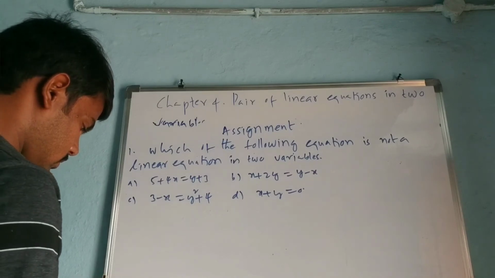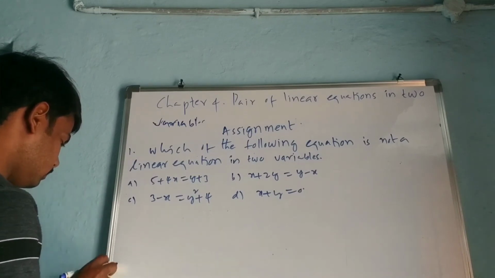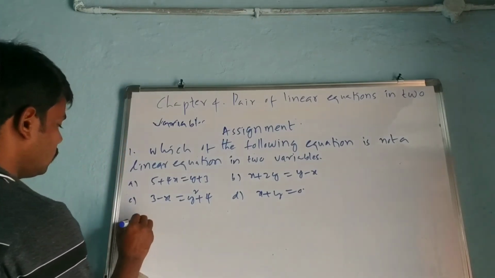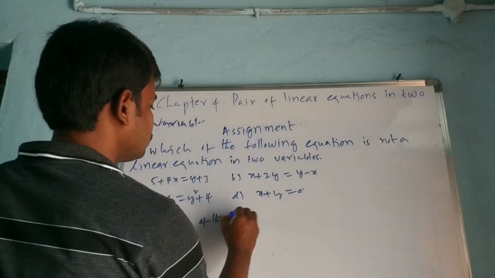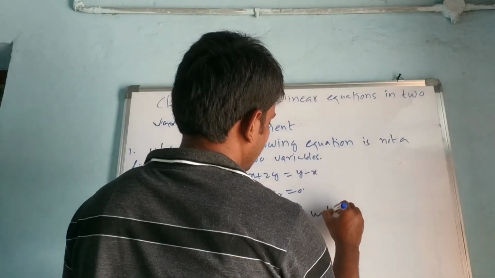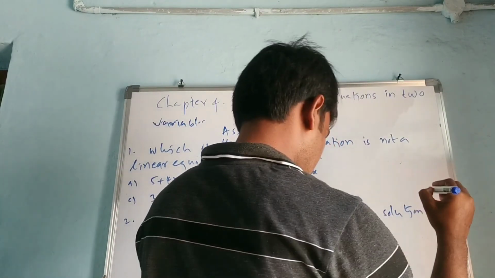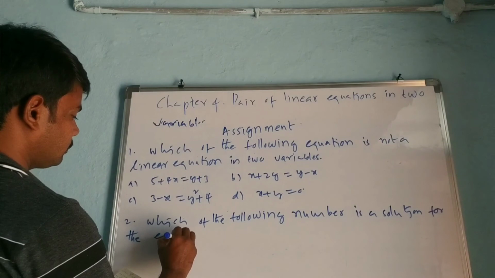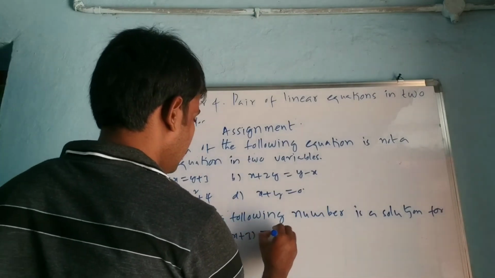And the second question is: which of the following numbers is a solution for the equation 2 into x plus 3 is equal to 80?